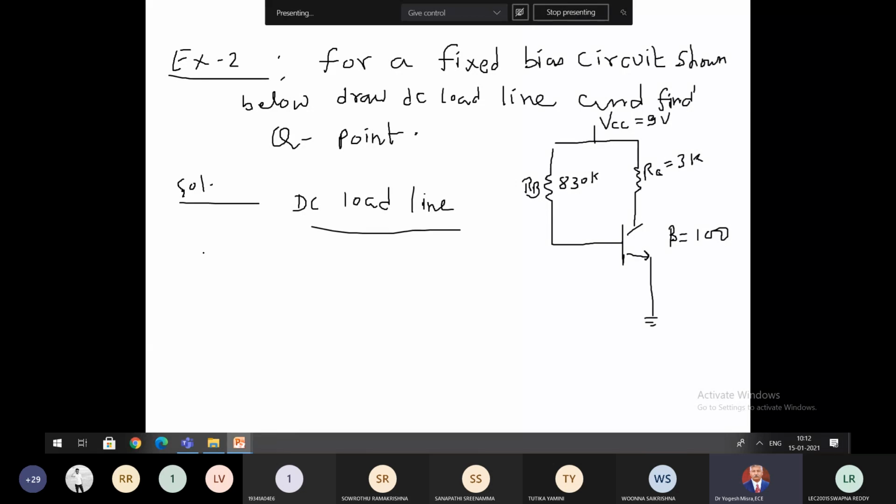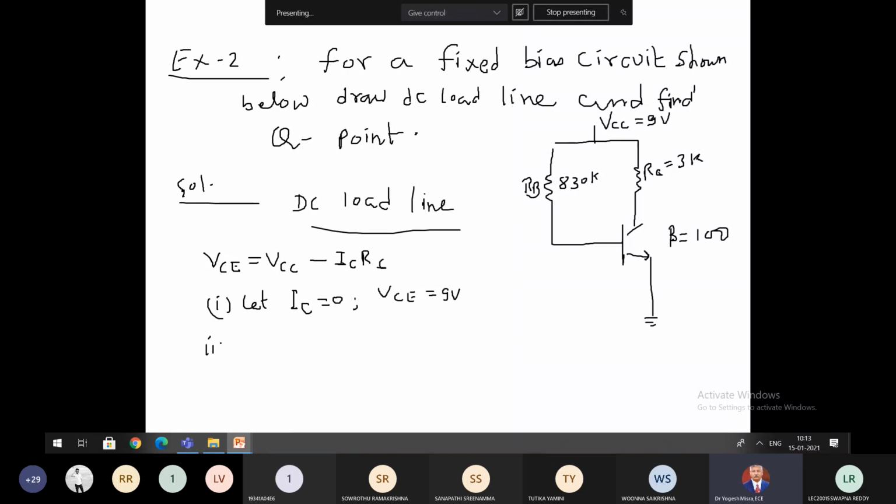So you get the expression VCE is equal to VCC minus IC RC, right? So first case, let IC is equal to 0. So due to this, what we will get? VCE is equal to 9 volt.